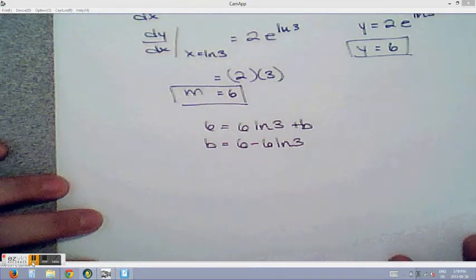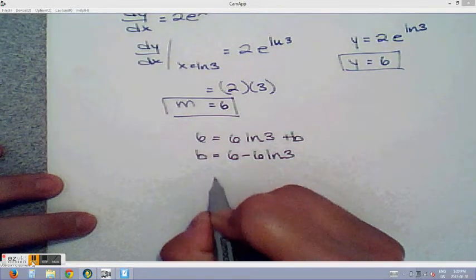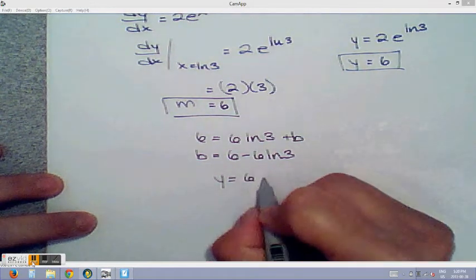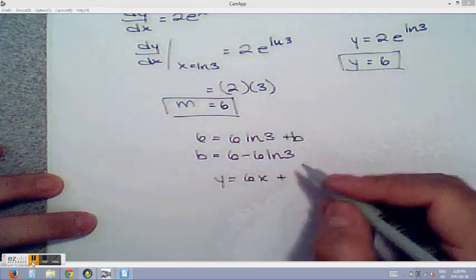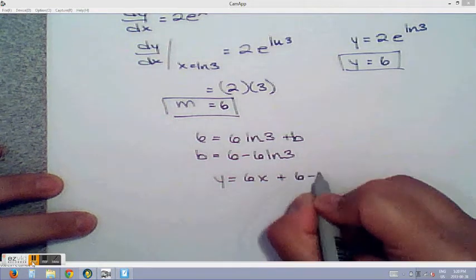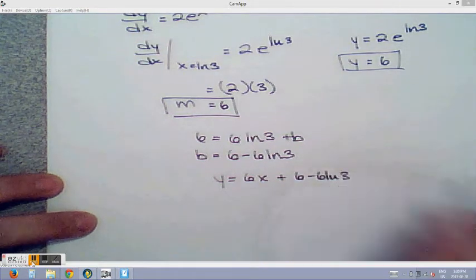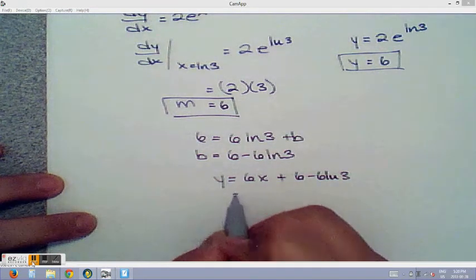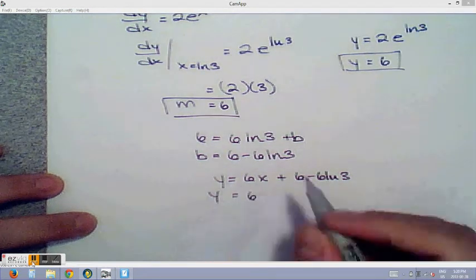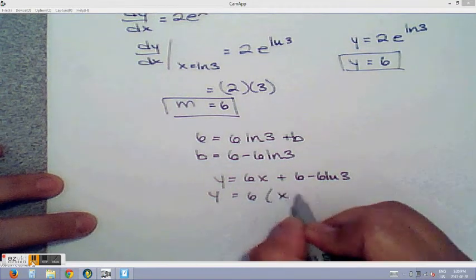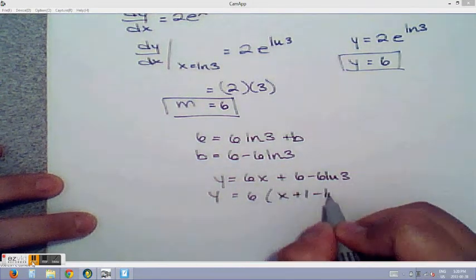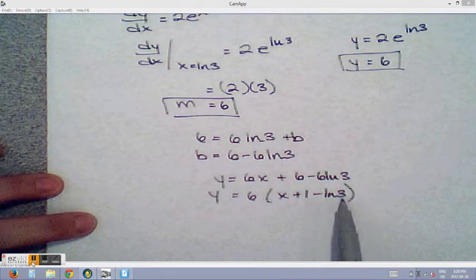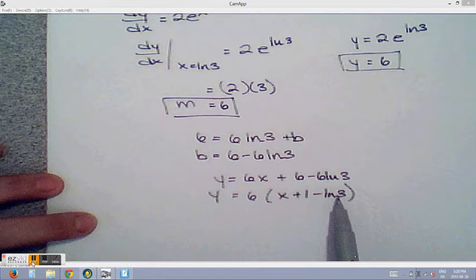And plugging into the equation of a straight line, we get y equals 6x plus 6 minus 6 ln 3. Okay, so can I make that nicer looking? The only thing I can do here is factor out a 6. So 6 will give me x plus 1 minus ln 3. The only other thing I can do is punch that into the calculator, but that will give me decimals.